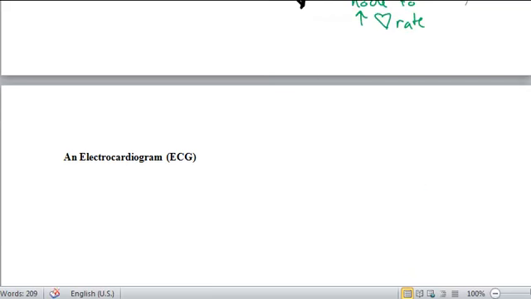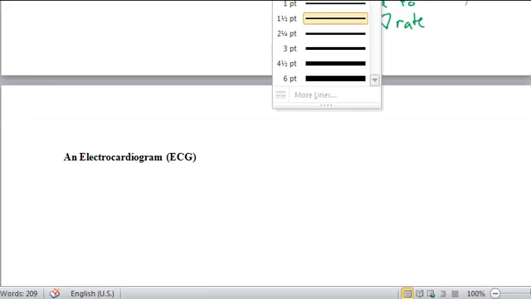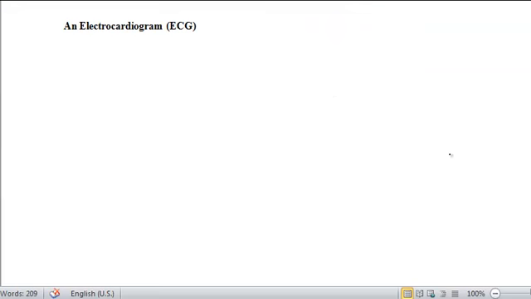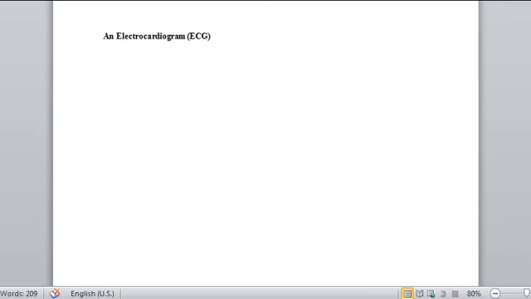So one last thing specific to the heart that we're going to look at right now is an electrocardiogram. And some of you may have had to have this. It's a test. Electrocardiogram is a recording of the electrical activity of your heart.